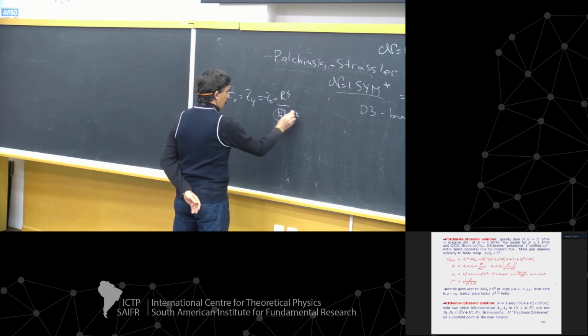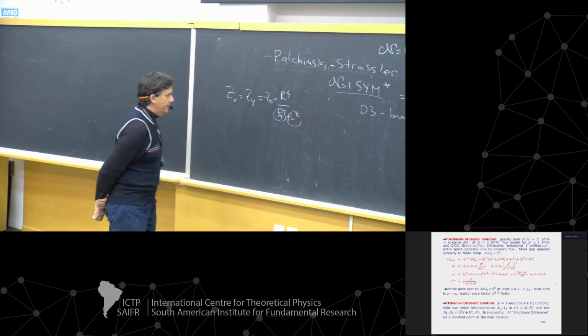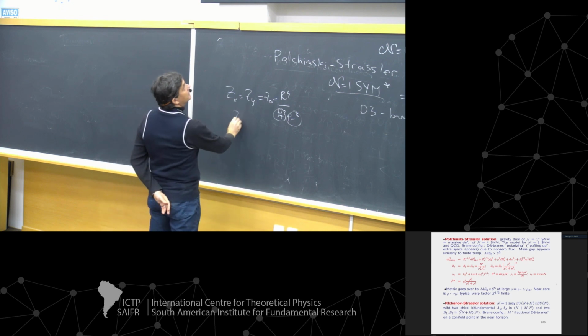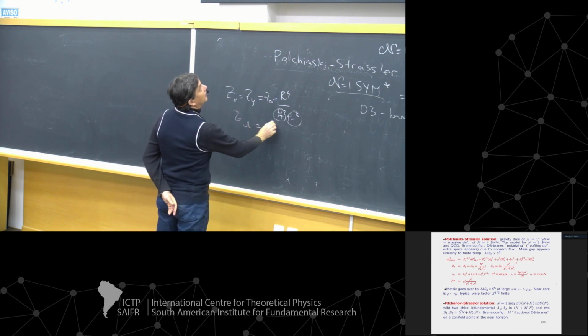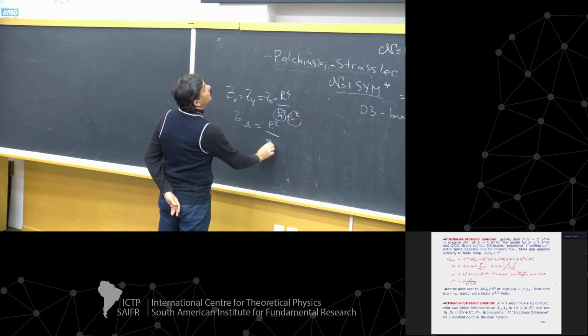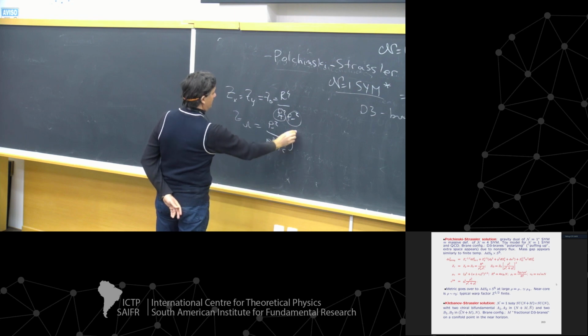So here I have 1 over r plus squared and r minus squared, and in z omega I have r minus squared over r minus squared plus rho minus squared plus rho c squared, everything squared.